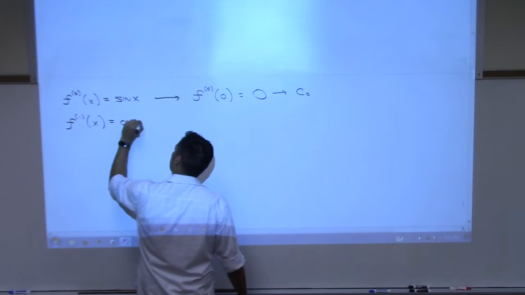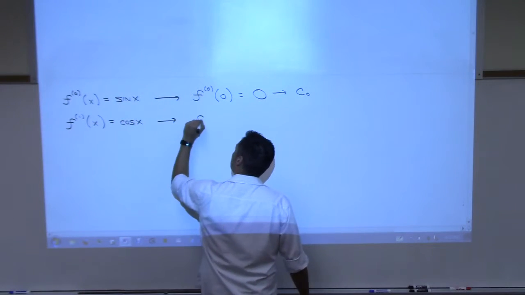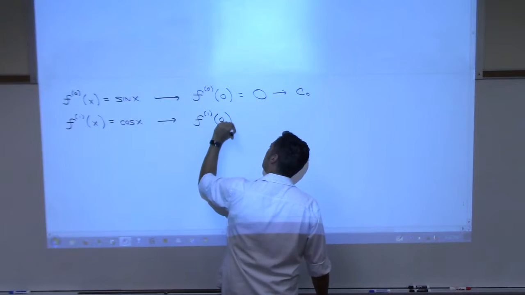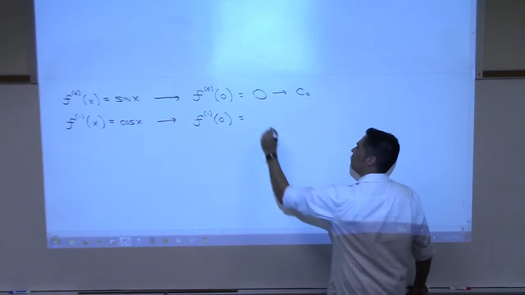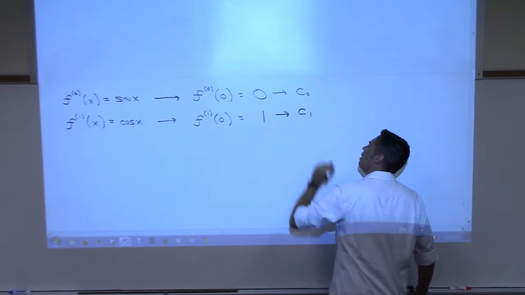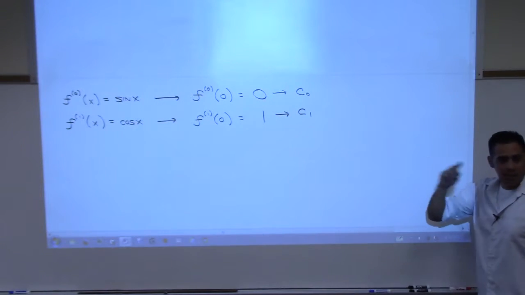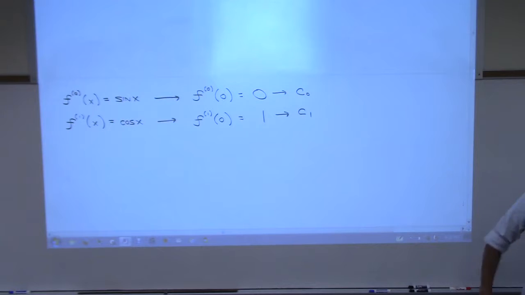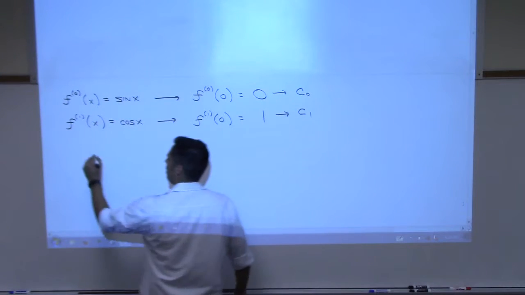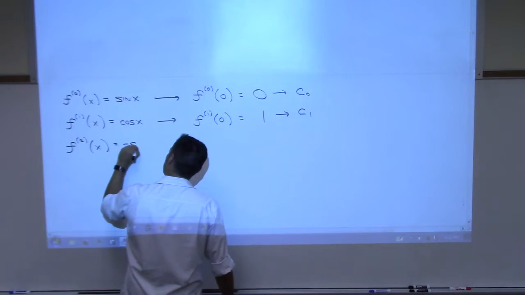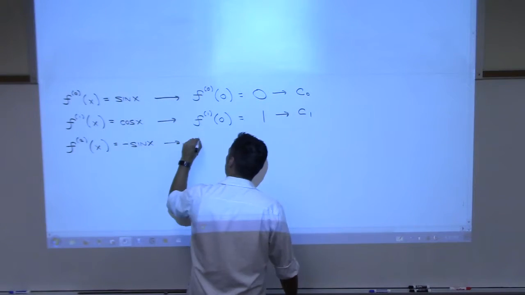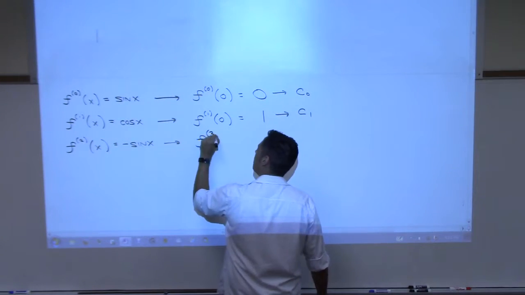which is cosine x. And then let's take that first derivative and plug 0 into it. And cosine of 0 is 1. And so our constant, c sub 1, is 1. Then I take my second derivative, negative sine x. Because it's Maclaurin, that's not really going to matter, is it?